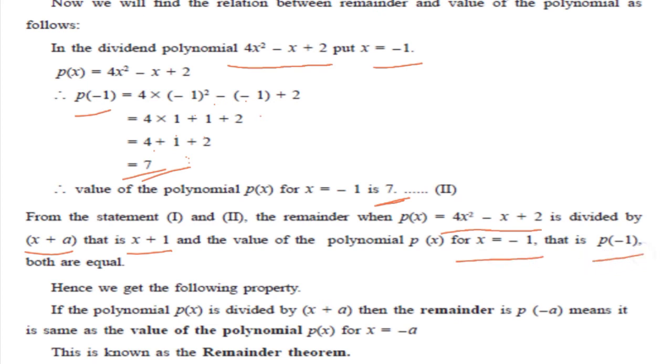In the first statement the remainder is 7, in the second statement also 7, that means these both are equal. Hence we get the following property: if the polynomial p(x) is divided by x plus a, then the remainder is p(-a), means it is the same as the value of the polynomial p(x) for x is equal to minus a, and this theorem is known as the remainder theorem.